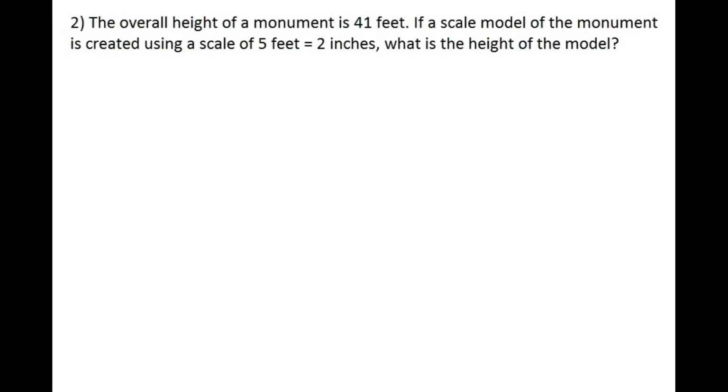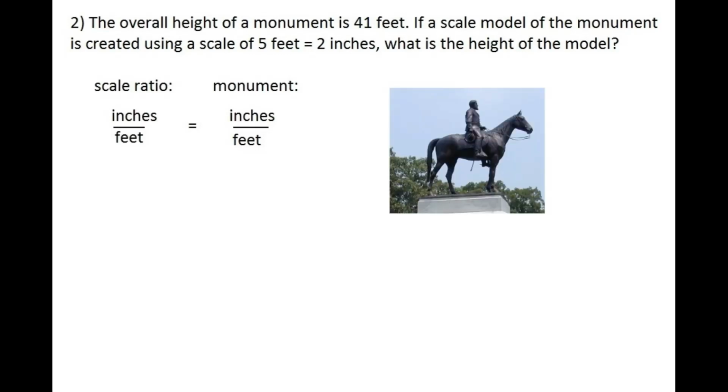The overall height of a monument is 41 feet, and if a scale model of the monument is created using a scale of 5 feet being equal to 2 inches, what is the height of the model? Well, the statue in question is this one. It's of Robert E. Lee and his horse, Traveler.